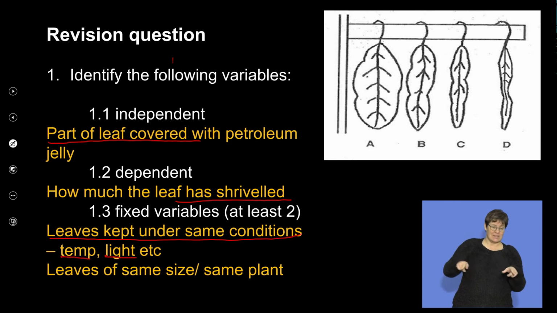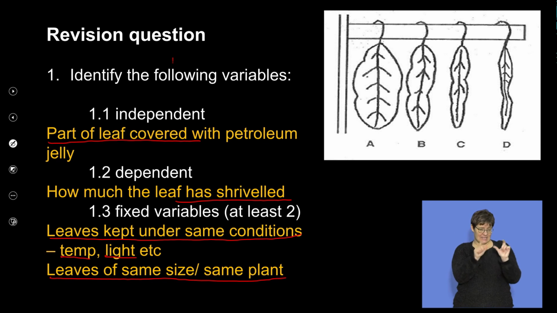So that you know that it's not the temperature, light, humidity, or wind that is actually causing the leaves to behave in a different way. Then the last one is you need to have leaves that are basically the same size to start, and you need to have leaves that are from the same plant. And we'll talk about later why you need to have leaves from the same plant.